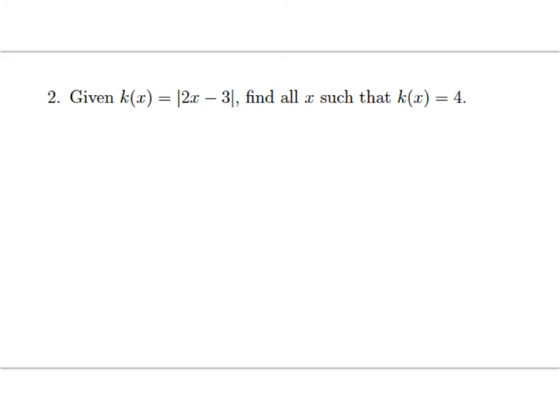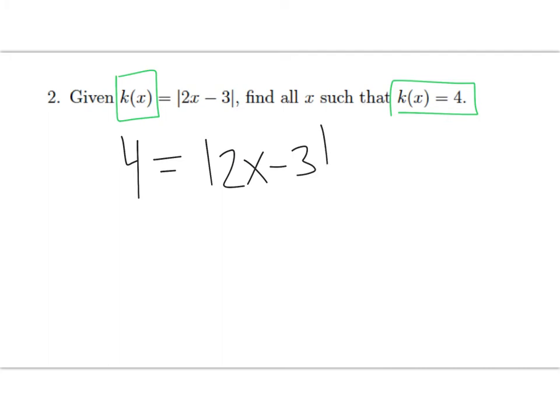Okay. Again, we are given what k of x equals. You have to be able to differentiate this. You got to be really careful. Okay. We know that y is 4. In place of y, we substitute that in. Oh, and now we have an absolute value. Now we're reviewing Module 1.